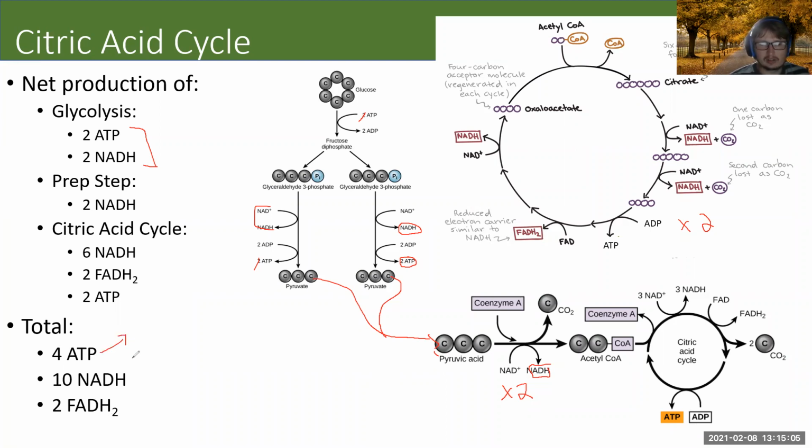These will be used for energetic processes, and these will go on to the oxidative phosphorylation step, which is the last step in the cellular respiration process. Okay, and that's this step here.